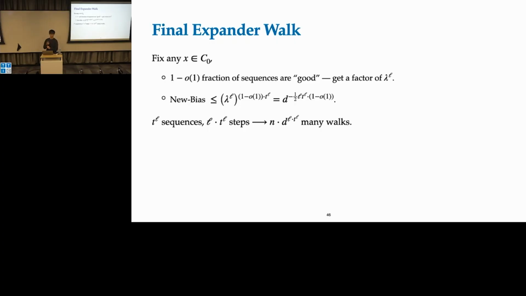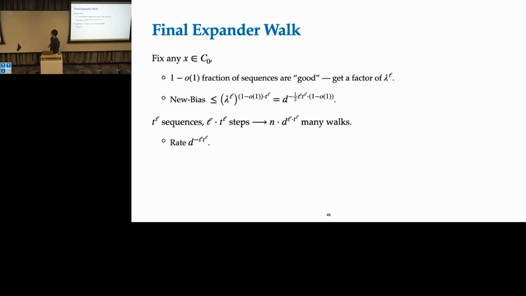Remember, every graph is d regular, so each step gives us d choices, and then this is d to the L times t to the L. So this d to the L times t to the L is the blow up of our code, and we get rate d to the negative L t to the L.